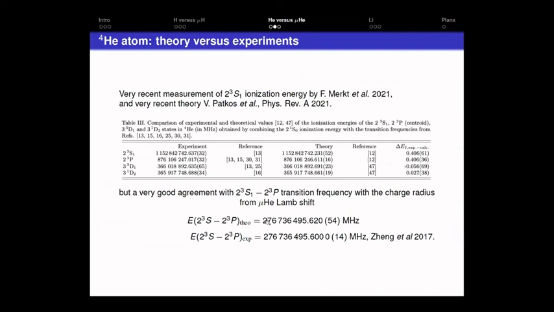So although we agree for the difference, we disagree for the ionization energy of triplet S, triplet P. Most probably we have some mistake in the calculation, but we don't know the source. We are checking it. It will take another few years, but we aim eventually to get a reliable charge radius from helium spectroscopy. Maybe it will not change much, but our result has to agree with other transitions to be sure that it is correct.